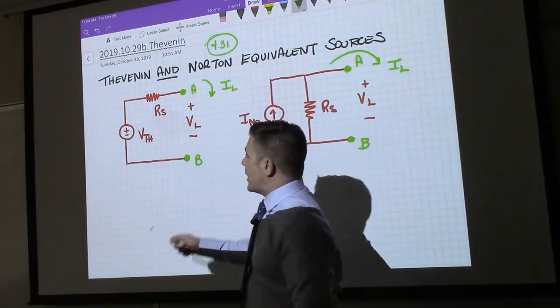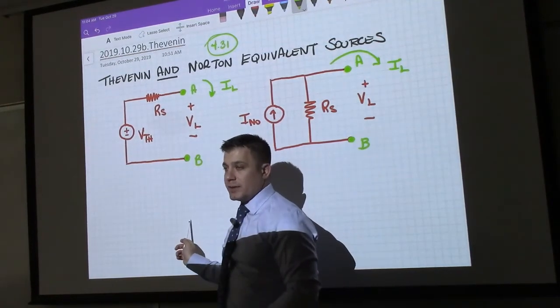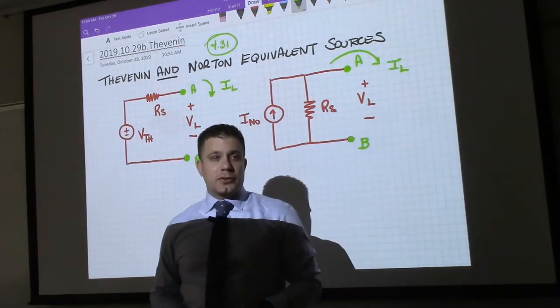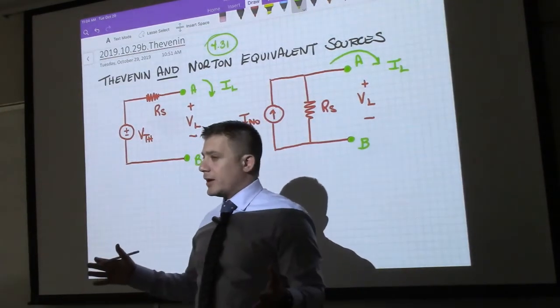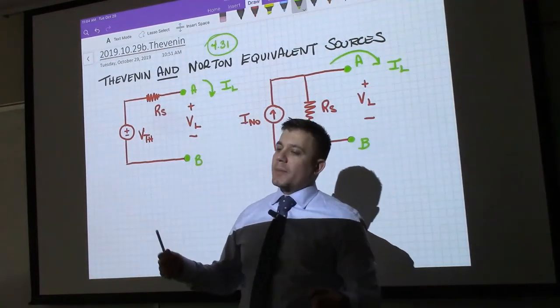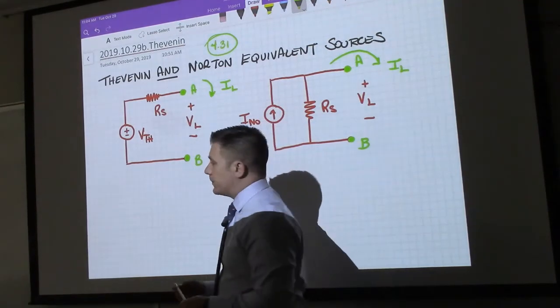So as opposed to having to analyze that more complicated circuit each time we do our test, now we can use the simpler version, which I'm sure you can see has a lot of advantage, especially if you were doing it by hand. Not that you would necessarily be doing it by hand, but it would make it easier to find your answer each time.